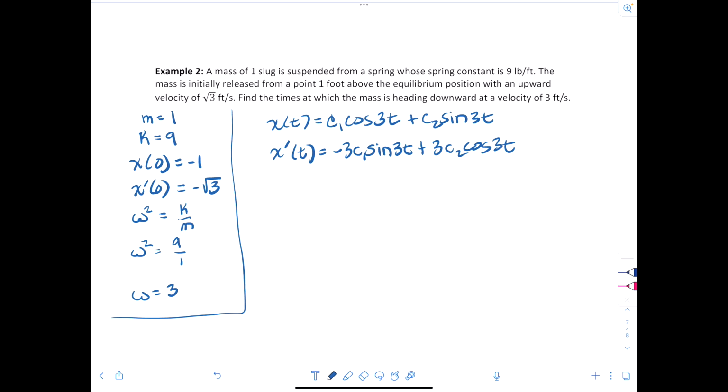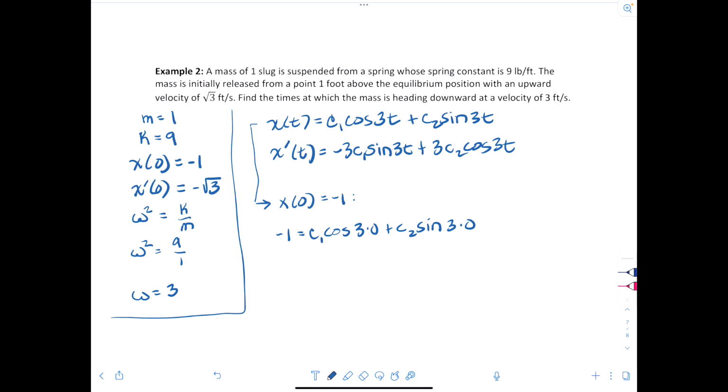Well, let's apply those conditions. So x at 0 we know is negative 1. So negative 1 will equal C1 cosine at 3 times 0 plus C2 sine at 3 times 0.